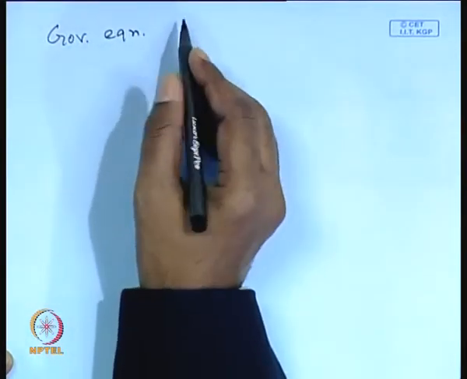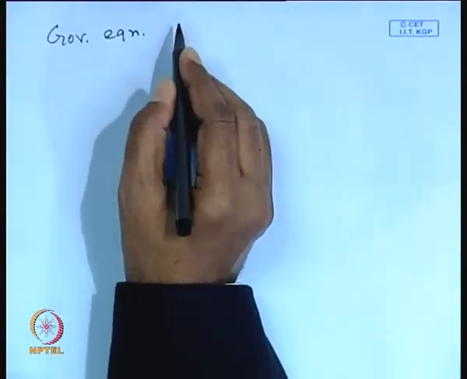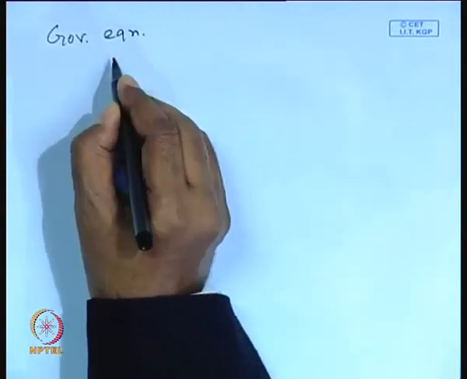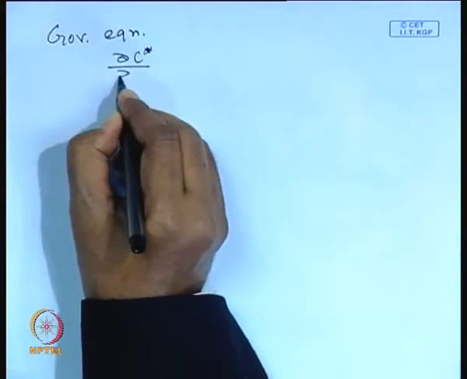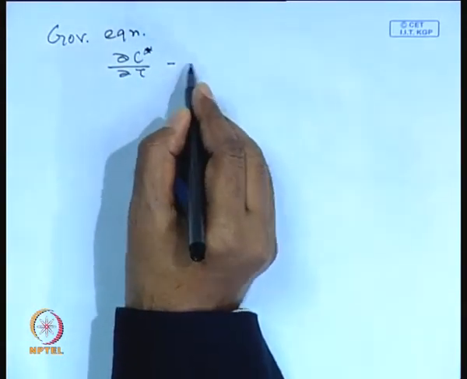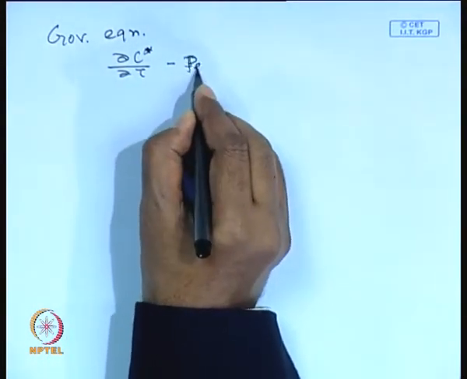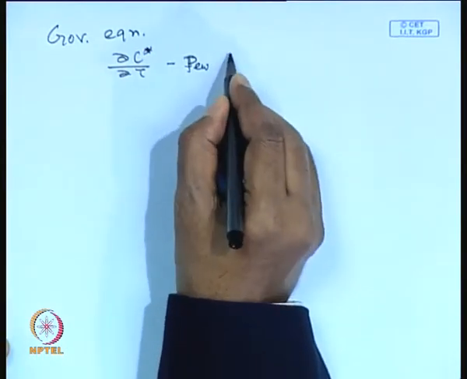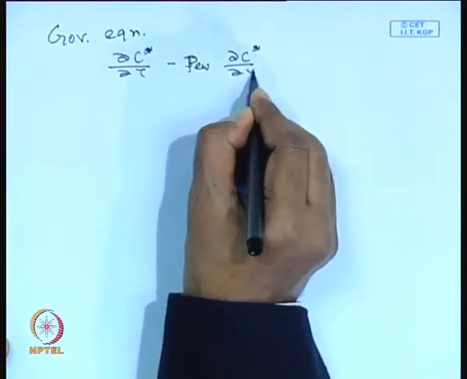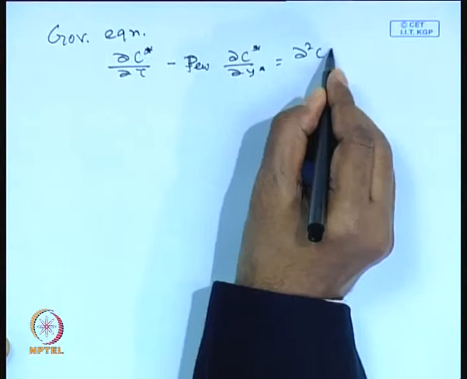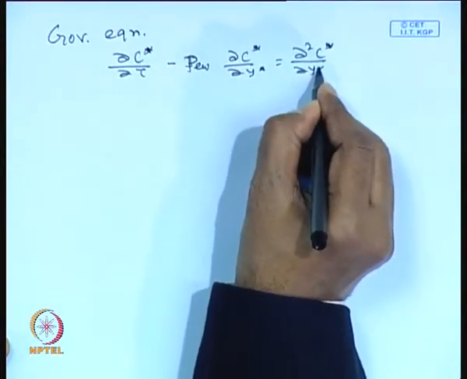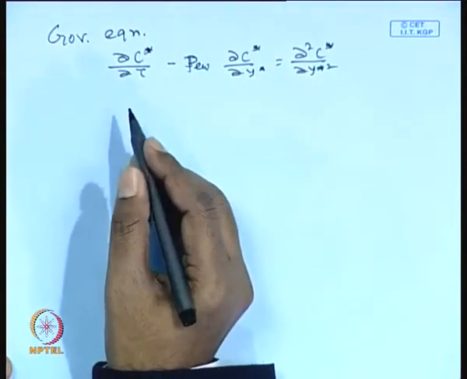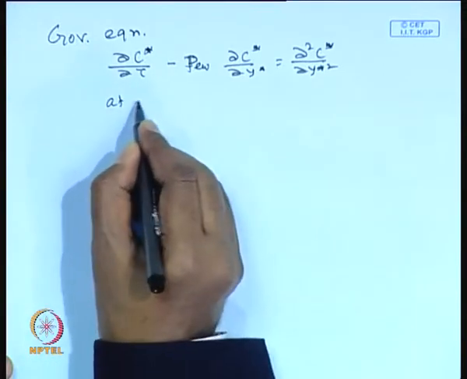So, if you remember the governing equation that we wrote in the last class for the transient or time varying filtration system: del C star del tau is equal to minus Pe_w del C star del y star plus del square C star del y star square. We wrote down the initial and the boundary conditions.